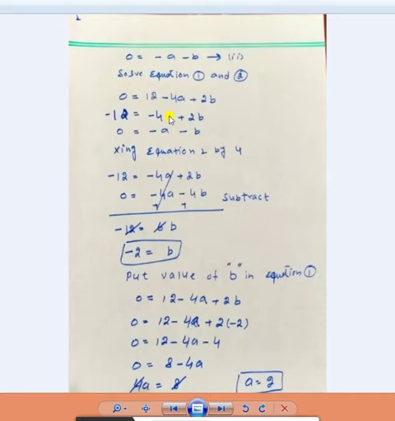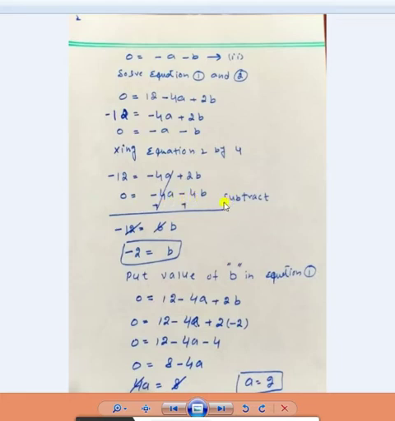We remove one variable and get the value of the other variable, then we put that value in the first or second equation, and then we have the value of the second variable. So we multiply equation 2 by 4. Equation 1, −12 = −4a + 2b, is the same, and multiplying equation 2 by 4 we have 0 = −4a − 4b.